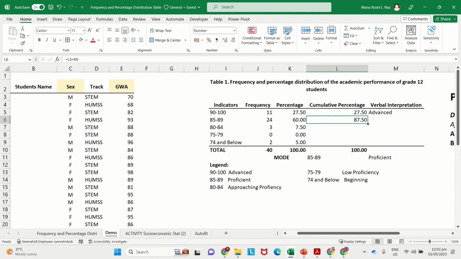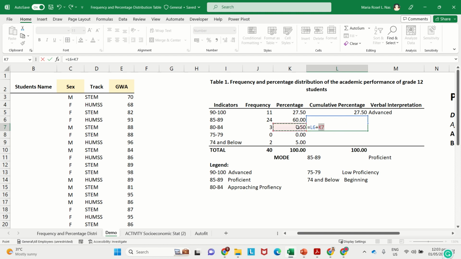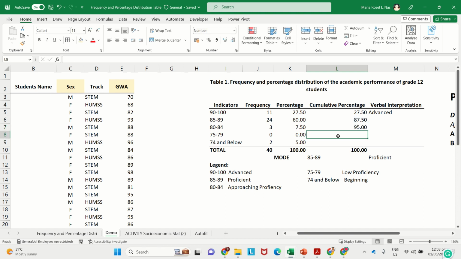So we just need to copy this to all of the remaining cells. So again, equal sign and then plus the next value of the percentage, equal sign and then plus the next value of the percentage, and then equal sign plus the next value of the percentage.